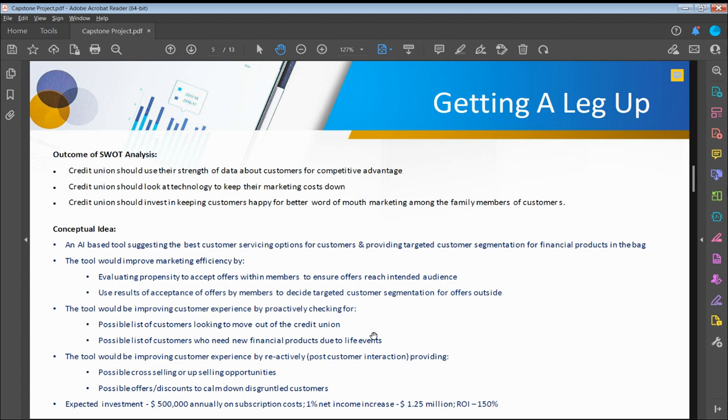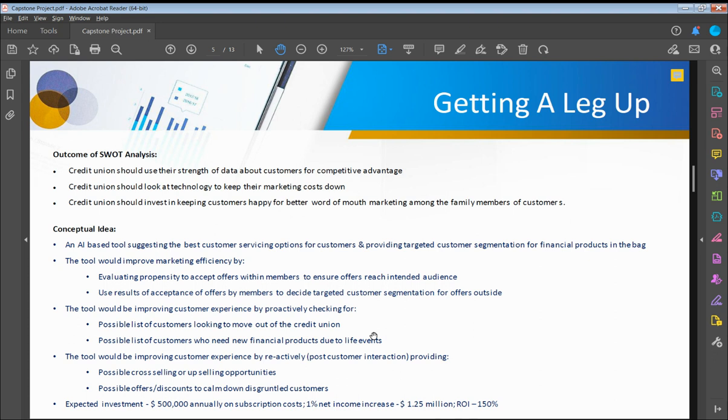It will also help improve the customer experience by making sure that we provide them with good offers before they can actually think of moving out and seeking a different financial institution. Those kinds of proactive checks that we can implement will also help us in retaining our member base, and it would also help in good word of mouth marketing too.